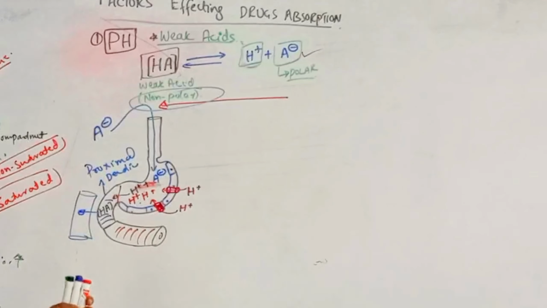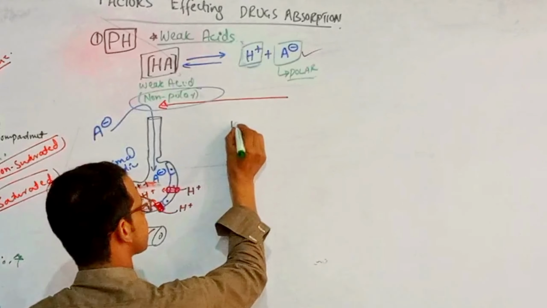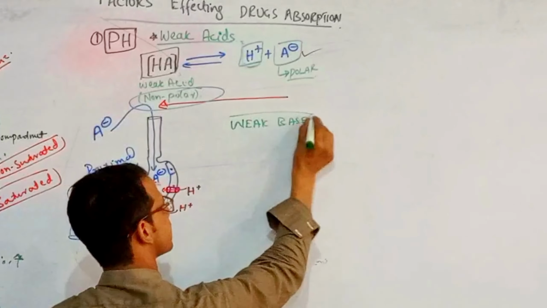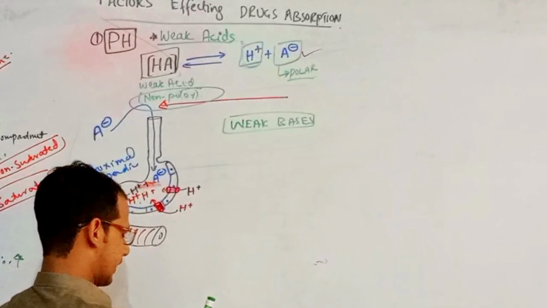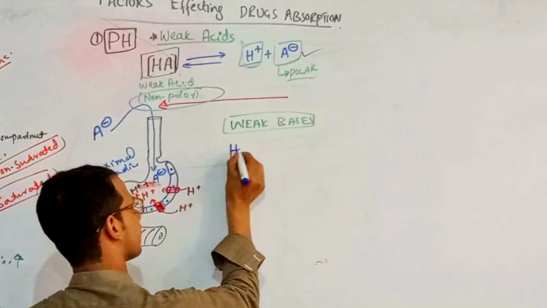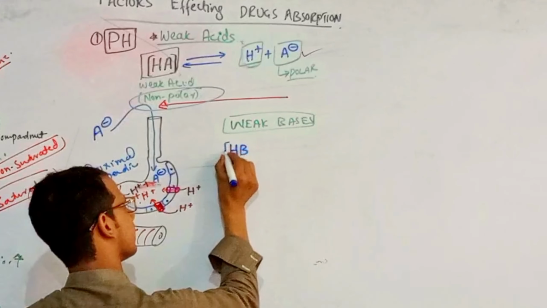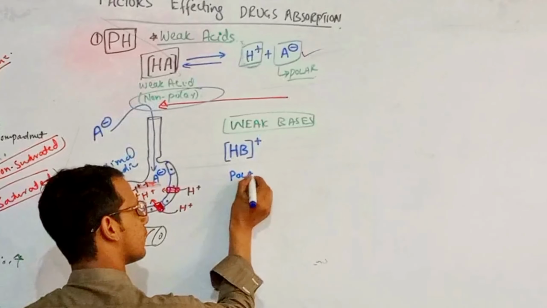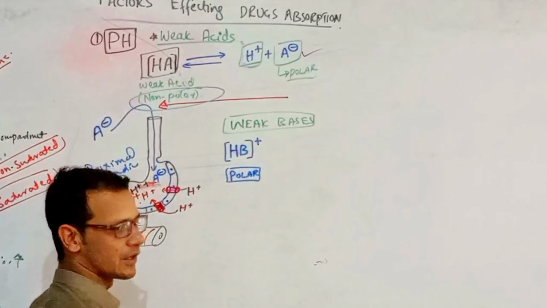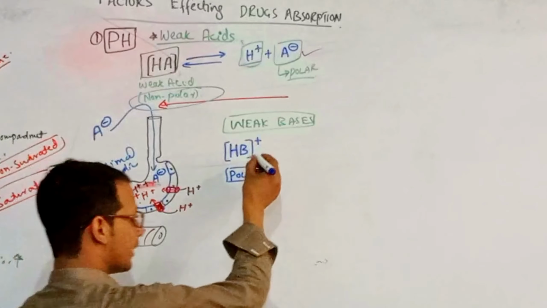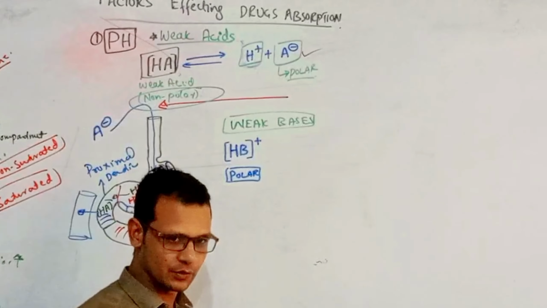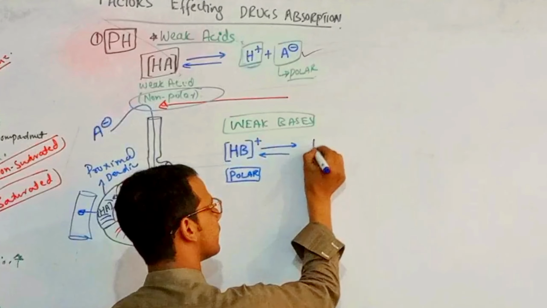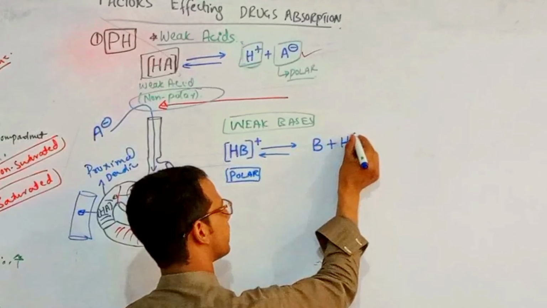If we take drugs which are very weak bases, for example, I have a weak base drug BH+, but in this form it is polar because it has a hydrogen ion. If we provide an alkaline environment to this weak base, it will reversibly break down into B plus H plus ion.